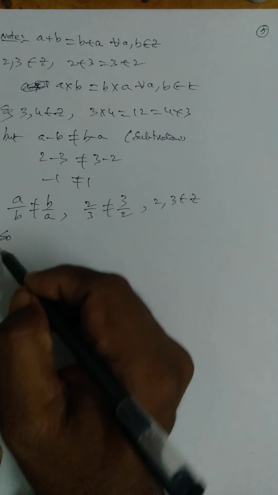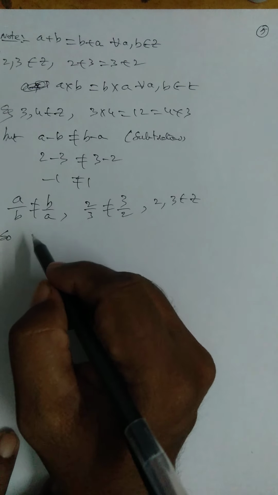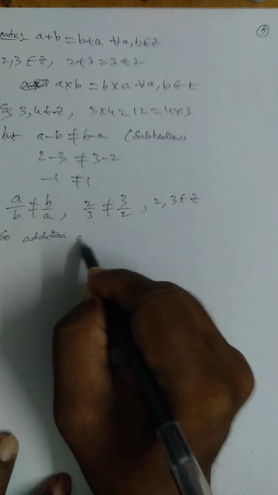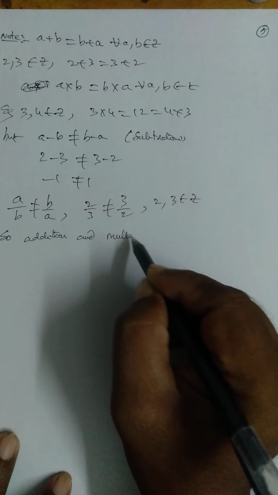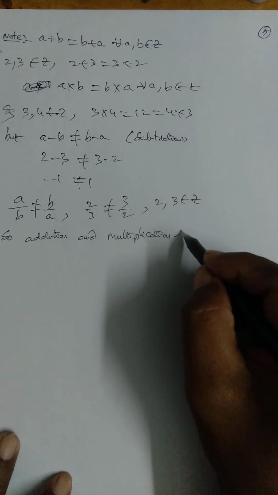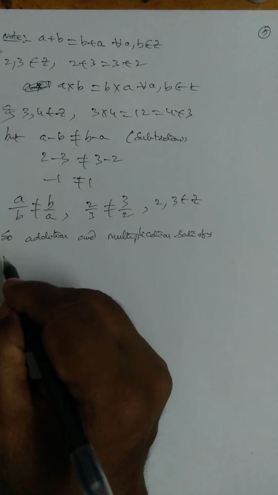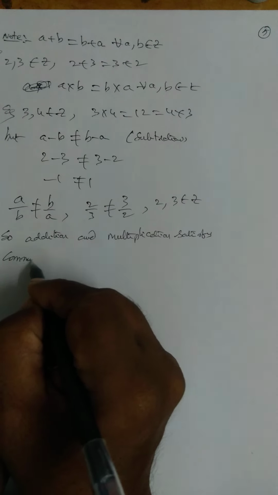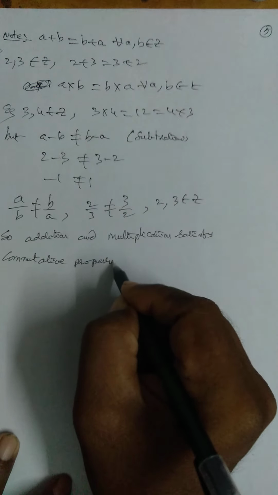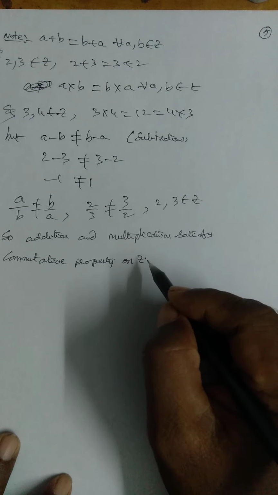So, addition and multiplication satisfy commutative property on Z.